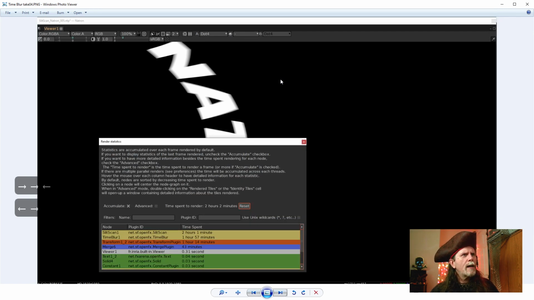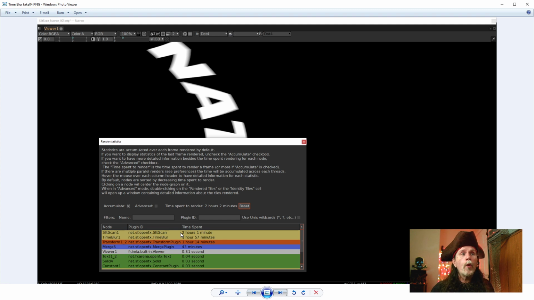Right. So on this last one, what I did is I upped it so that it matched 27 frames to 27 frames, so that I could see how long it took if you did a full 27 frames using the TimeBlur node instead of the FrameBlend.